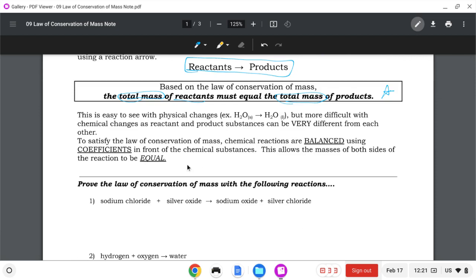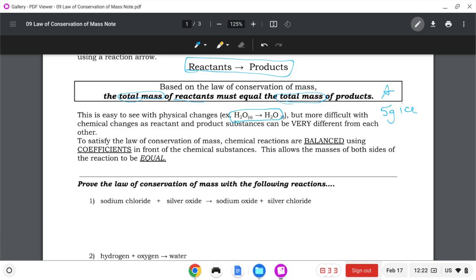This law is easy to see with physical changes. For example, if I have water in the solid state, which is the same as saying I have ice, let's pretend that I have 5 grams of ice and I place it in a cup.